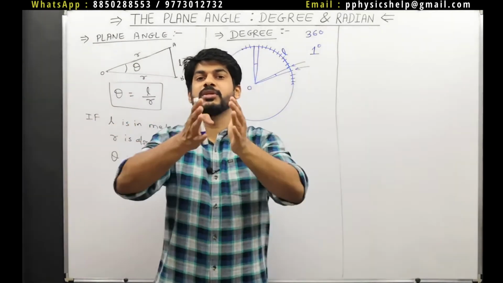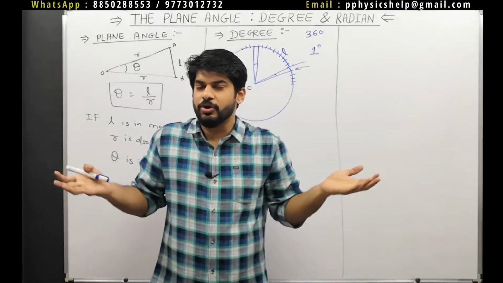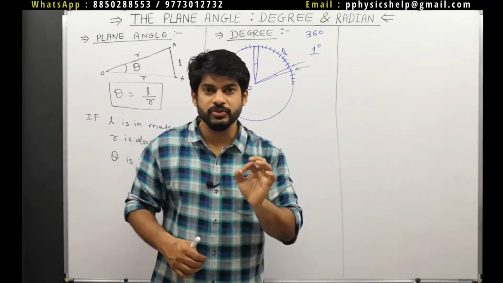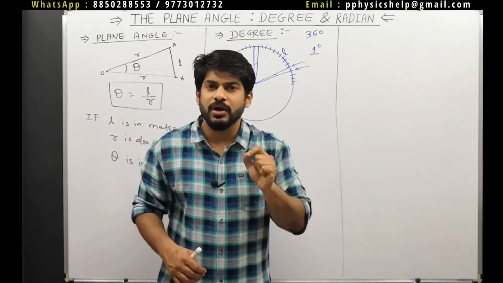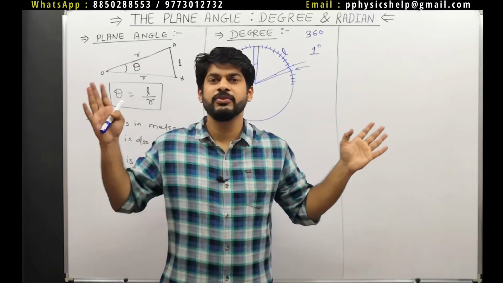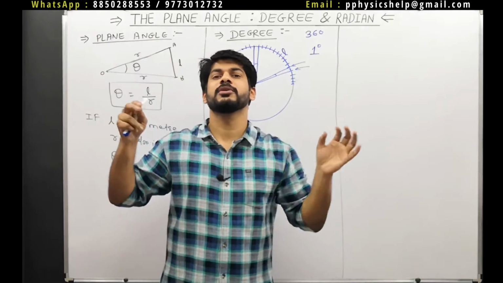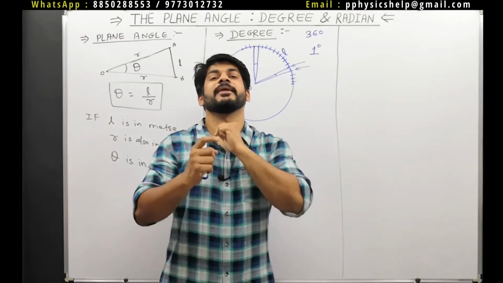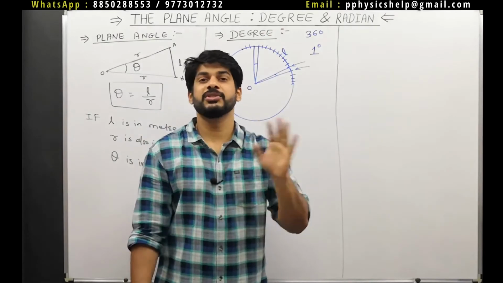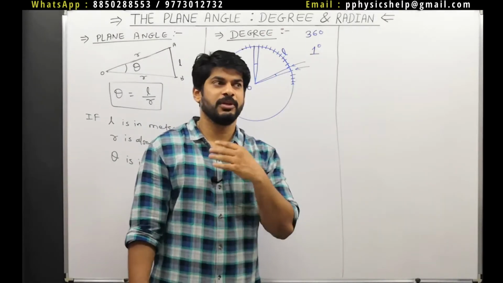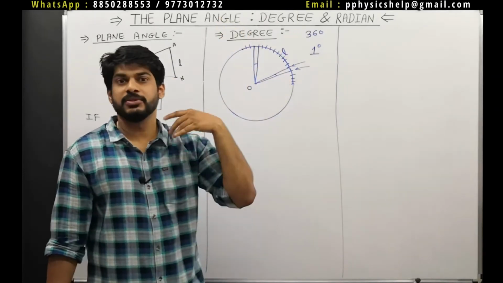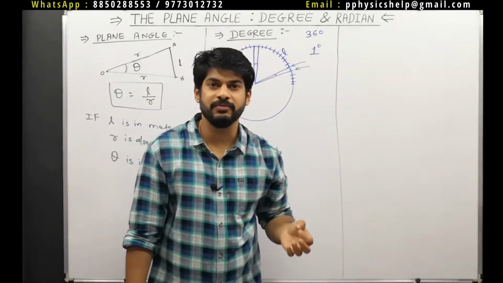Whatever the size of the circle, big or small, that number will always be there. So that's why it is not going to matter. This 360 should not be a question for us. Yes, this is historically chosen, so we have to deal with it.